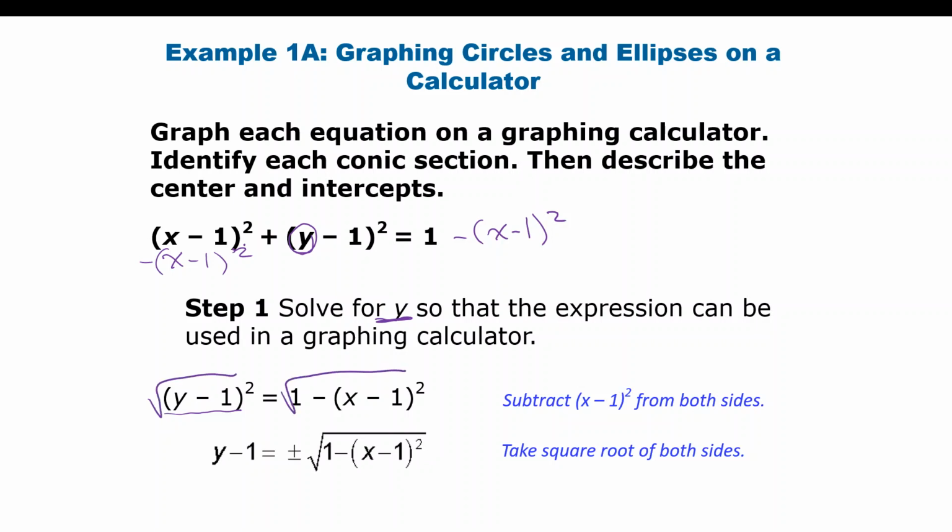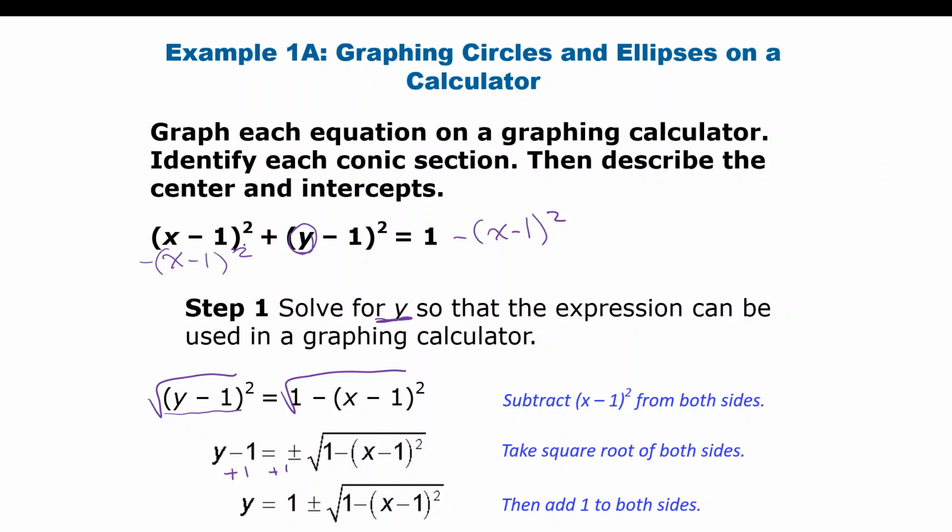All right, and when I do that, I end up with y minus 1 equals plus or minus the square root of 1 minus x minus 1 squared. Once I've done that, I can simply add 1 to both sides, and I end up with the equation y equals 1 plus or minus square root of 1 minus x minus 1 squared.